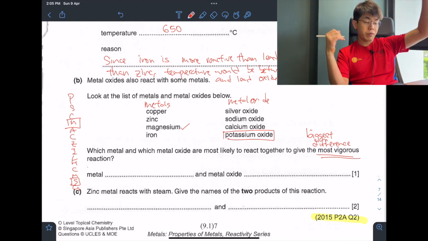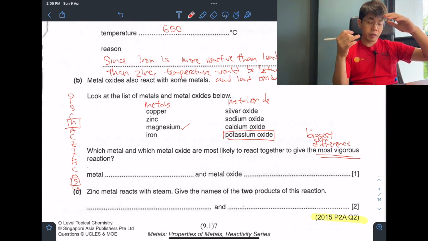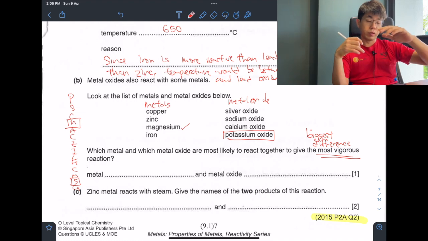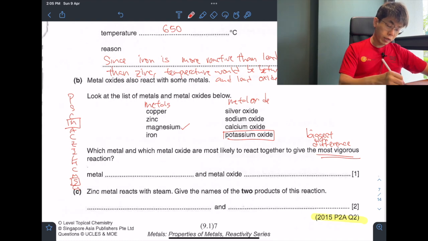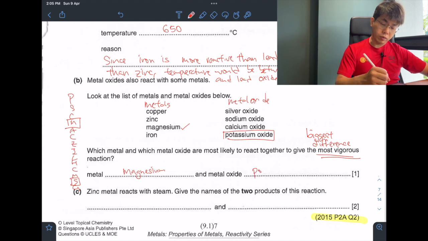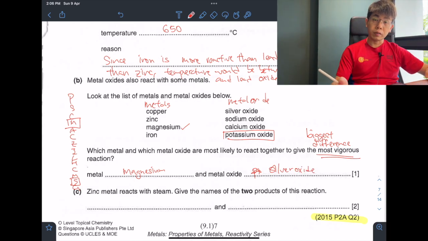So we need a very reactive metal with a metal oxide that's not so reactive. So the biggest difference, so most likely it will be magnesium as the metal, and then it will be not potassium, silver oxide as the metal oxide. So the biggest difference in reactivity for the most vigorous reaction.